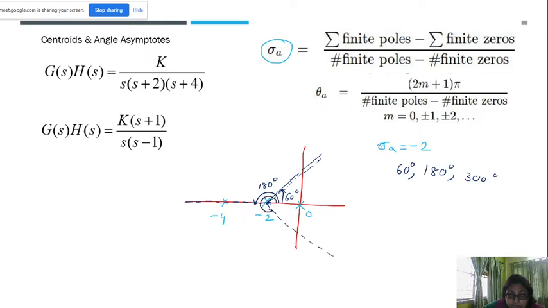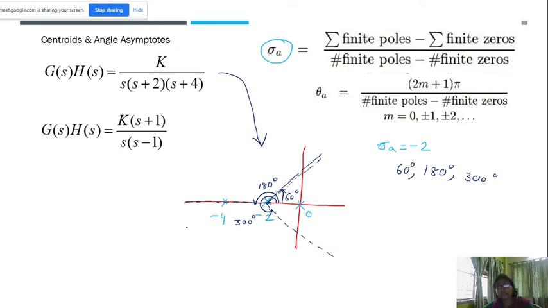At the centroid, we need to draw the asymptotic angles. Understood? In this way we are going to draw the asymptotic angles.